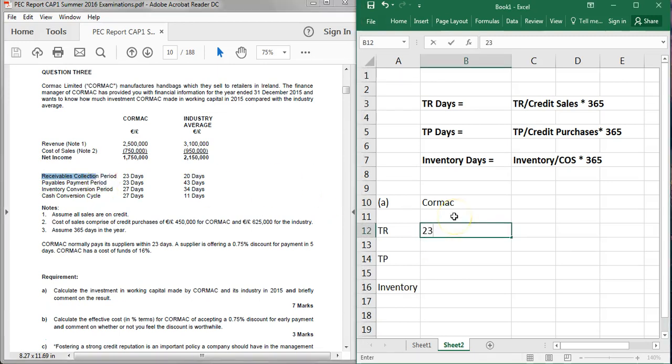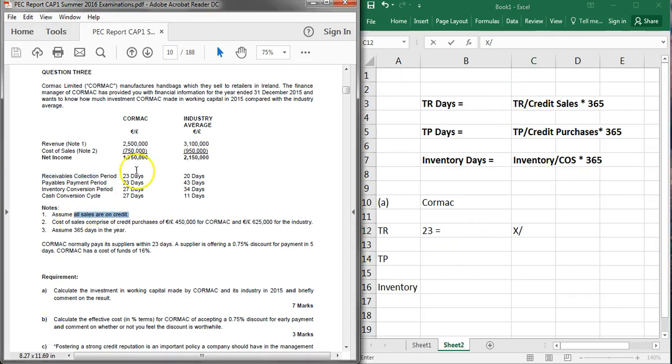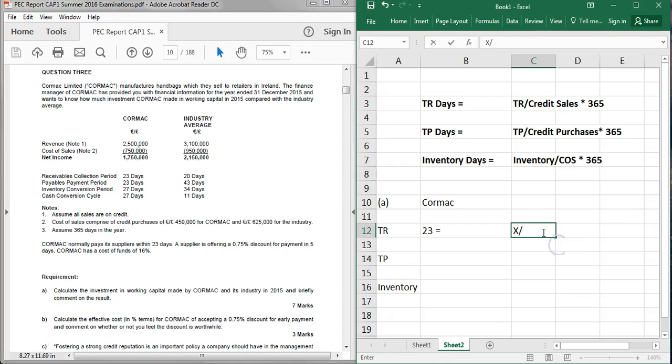So we say 23 equals X, which is our trade receivables, divided by our credit sales, and we're told all sales are on credit, so that is 2.5 million, times 365. And that is our formula.